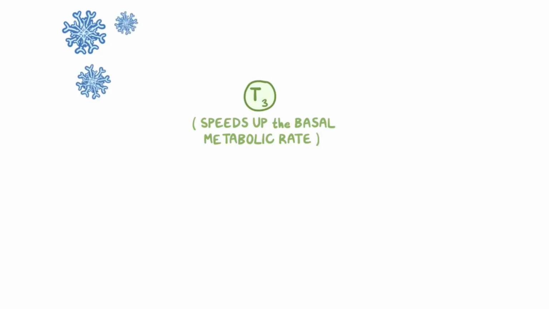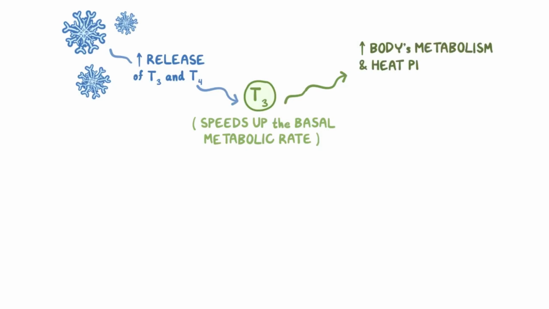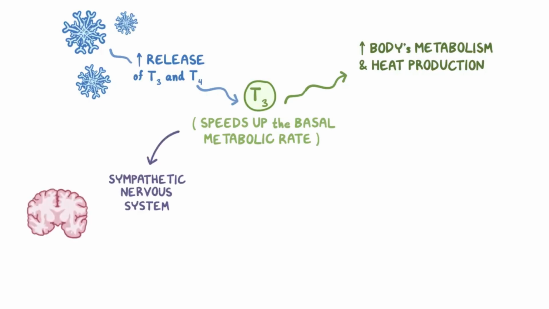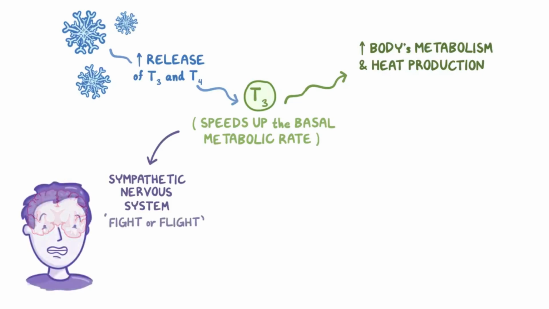For example, T3 speeds up the cell's basal metabolic rate, especially when we have to adapt to the environment. So, as an example, exposure to cold weather stimulates the release of T3 and T4, and they go on to increase body metabolism and heat production by burning up more energy in the form of sugars and fats. Thyroid hormones help activate the sympathetic nervous system, which is responsible for the fight or flight response.